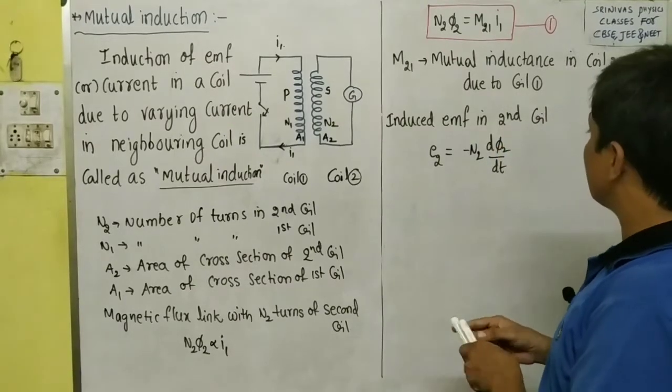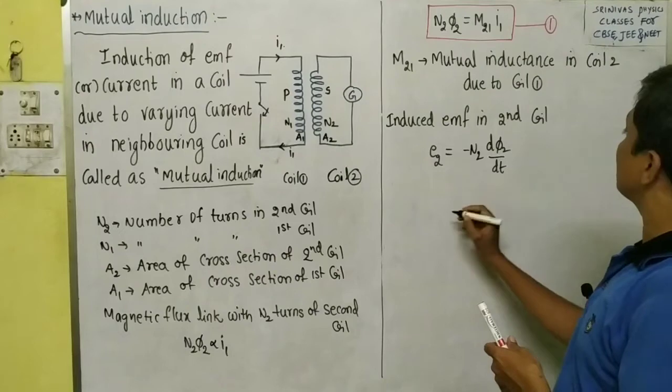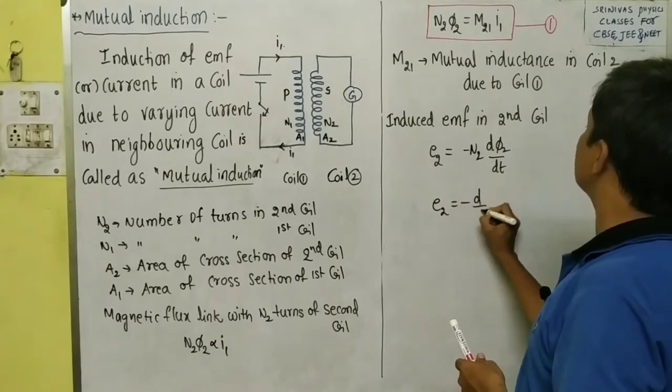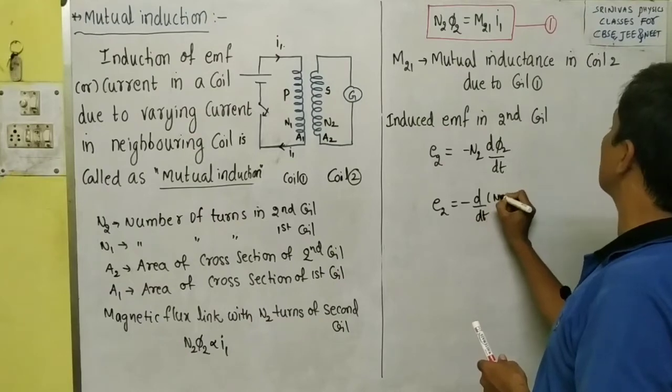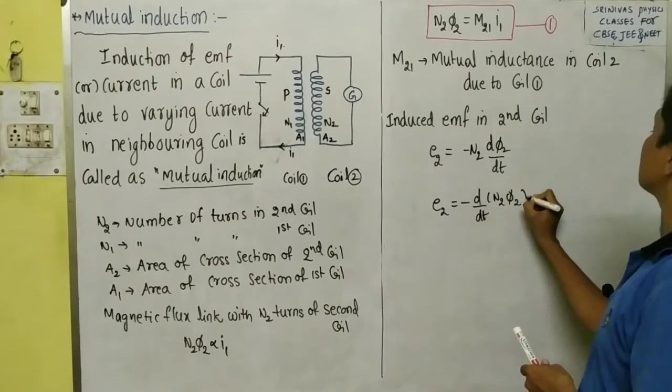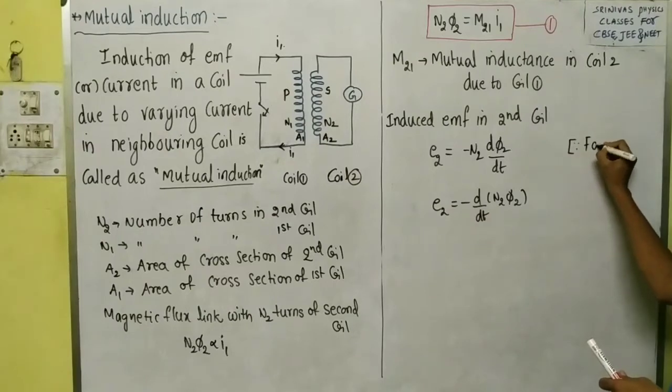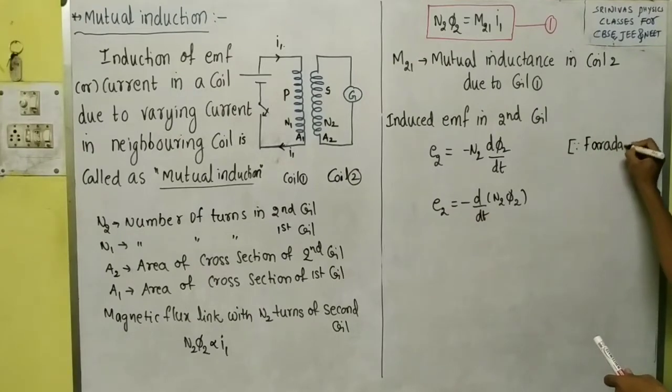We can also write E2 equals minus d by dt of N2 phi 2. This is Faraday's law.